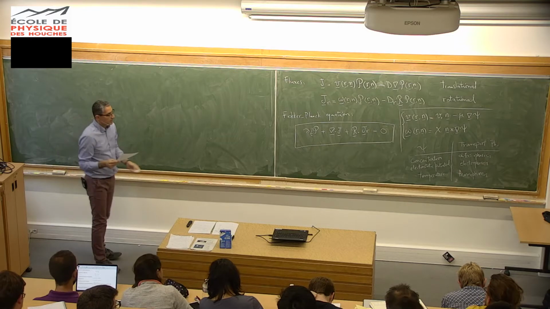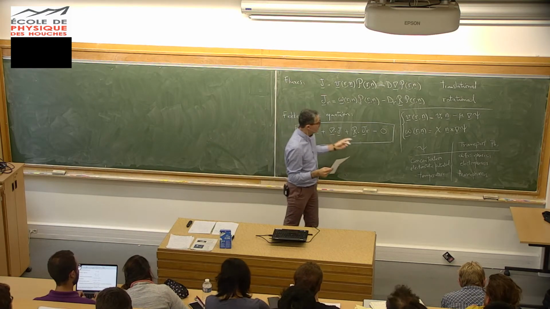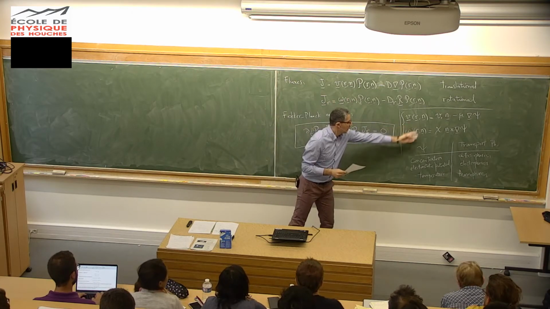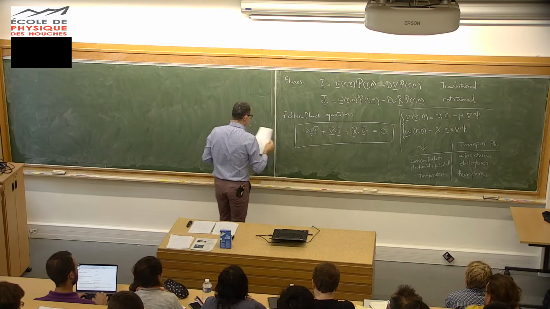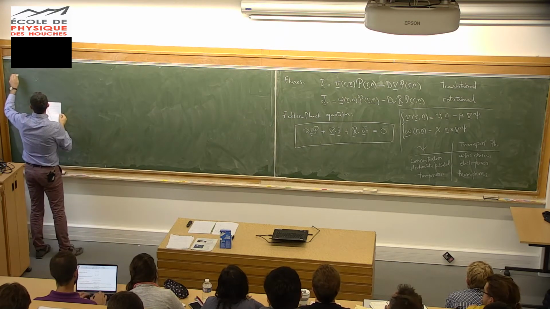So when I combine the expressions I had for the fluxes with these velocities and put them in this expression, I get the following Fokker-Planck equation.